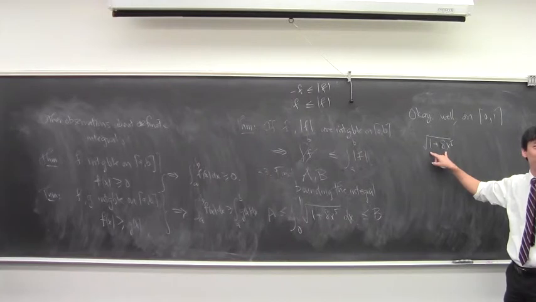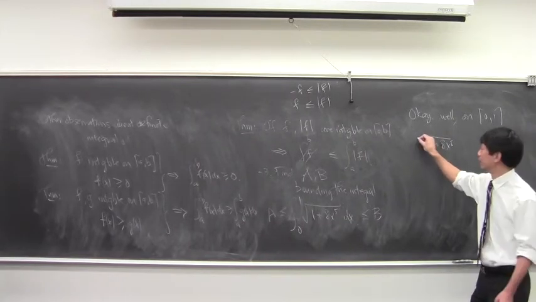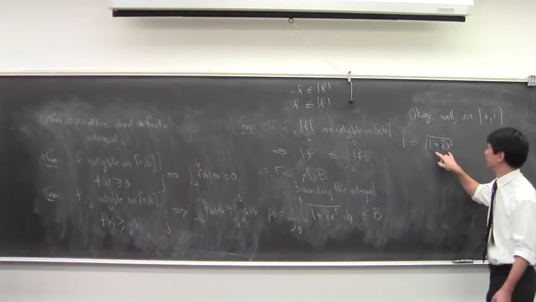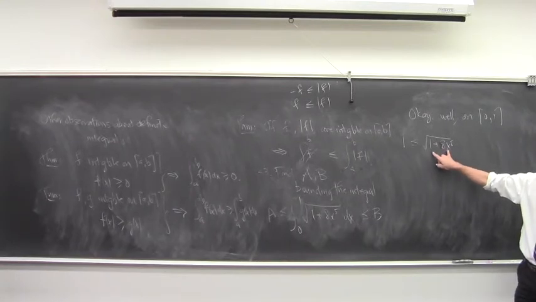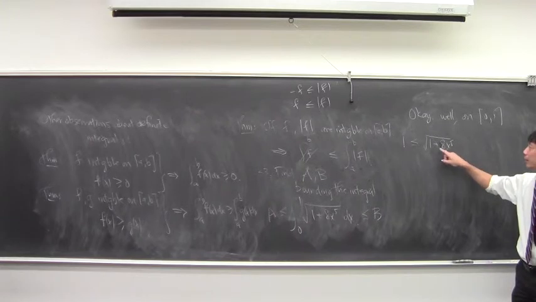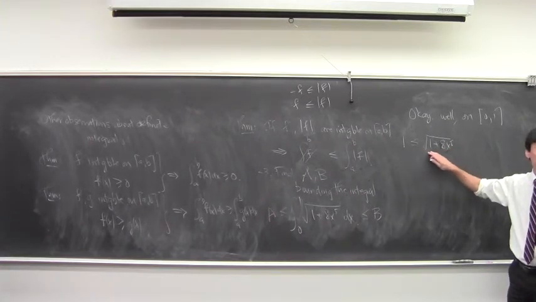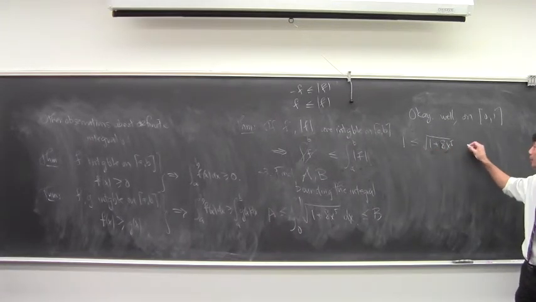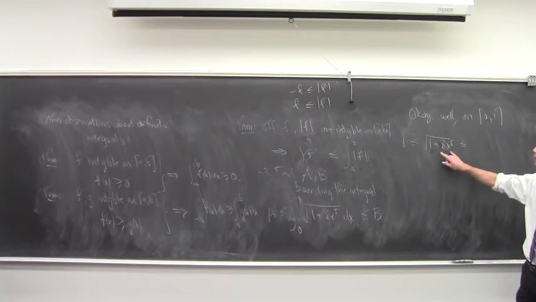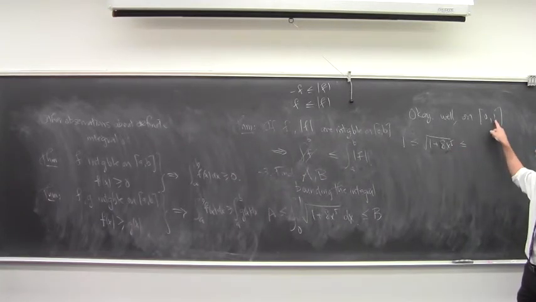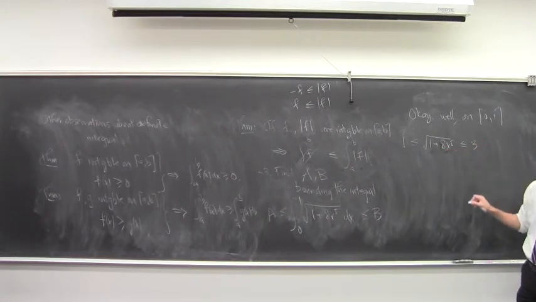What's the minimum value? Say 1. Right? You know that this is an increasing function, so the minimum is going to occur at 0. When x is 0, the function's value is 1. And what about on the other end? 3, right? Because on the other end, you've got 1 plus 8, the root of 9, that's 3.